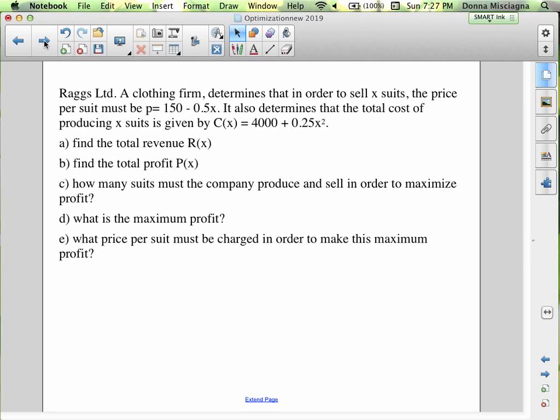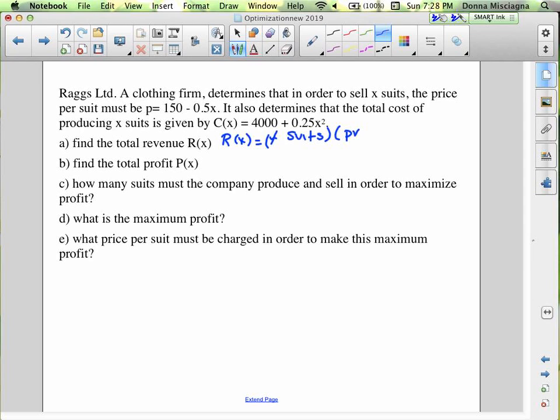So first we want to find the total revenue. That's just going to be an equation. Total revenue, R of X, would just equal the number of suits sold, which is X, times the price per suit.